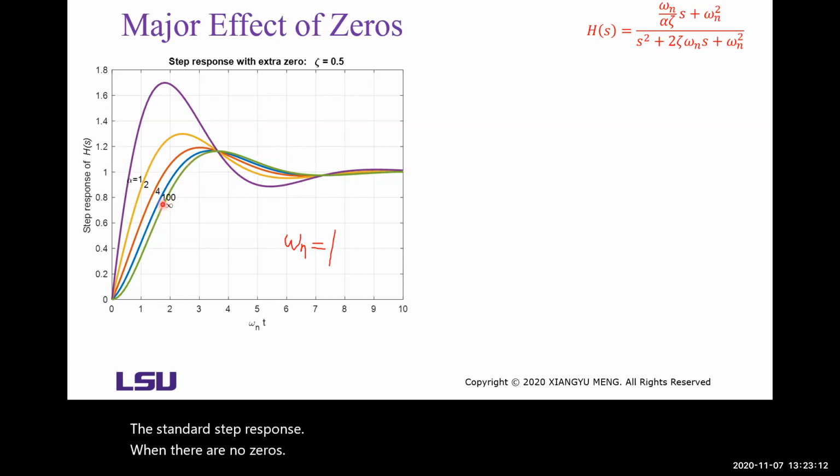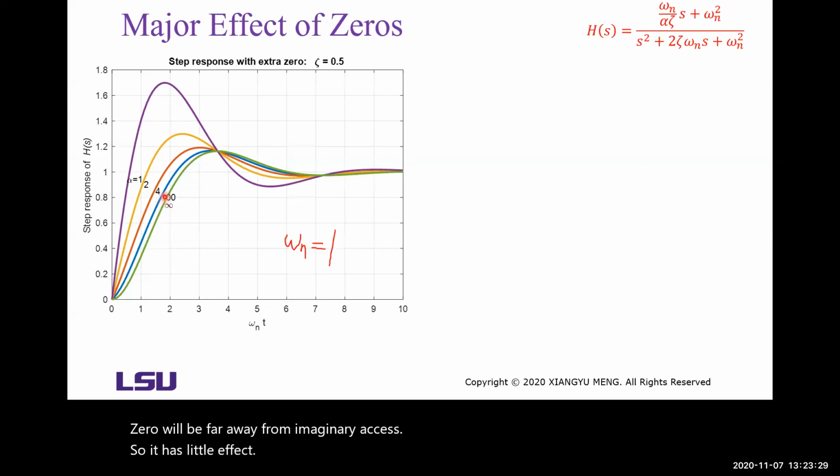So when alpha is large, the zero will be far away from the imaginary axis. So it has little effect on the response.